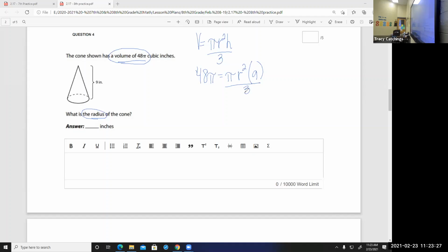So that means, it's divided, so we need to multiply. We're going to multiply 3 on both sides to get rid of that 3. So 48 times 3 is what? All right, so now we have 144 pi is equal to pi R squared times 9.